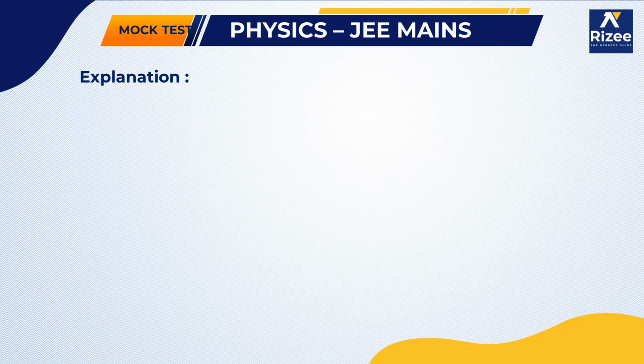we know that the volume expansion of the gas or the liquid, that is delta V, the change in volume, is equal to initial volume into real expansion into delta T, the change in temperature.